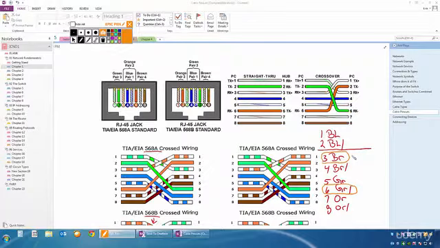So, this is not good. If you pay attention to your pinouts here. Not a good idea. Now, if I would have hooked up 1 gigabits per second and it used all the pairs, I want you to think about that. We're definitely going to have some communication problems.